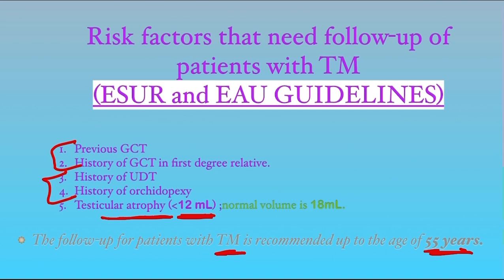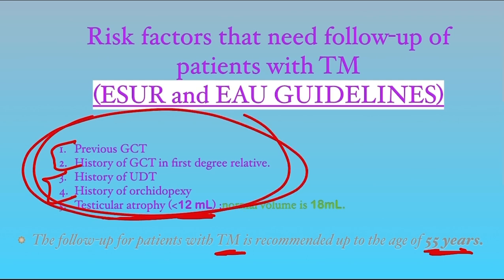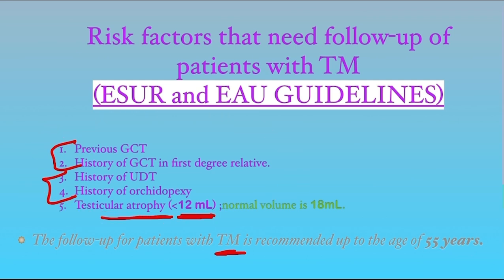However, the risk remains low and no treatment is needed unless other concerns are present. But yes, if these 5 risk factors are present, you need to follow this patient up to the age of 55 years.